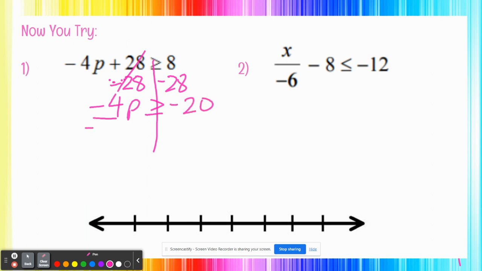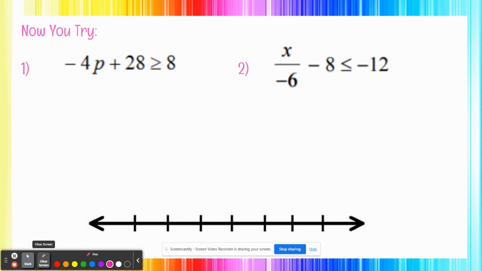Now we're going to divide by negative 4. Again, that special case: when we divide by a negative number, you need to reverse your inequality sign. So it's going from a greater than to a less than or equal to, and that becomes positive 5. That is a closed dot at positive 5, and that's going to be going to the left, all the numbers to the left.